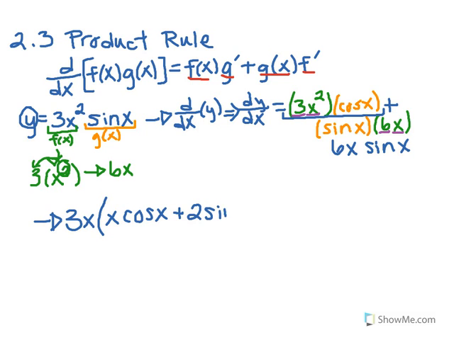And then I have sine x at the end. So this is my overall answer, and I need to make sure that I denote what it is equal to, which is dy/dx, or if you want, you can label it as y prime. This is Leibniz notation, this is Newton notation, and it doesn't matter which one you use, be able to know how to read them both. So that's how the product rule works.